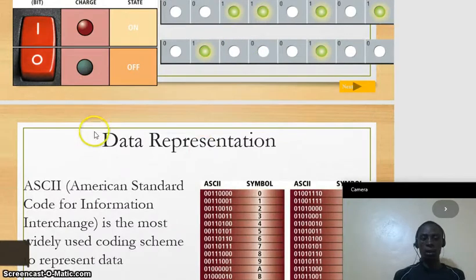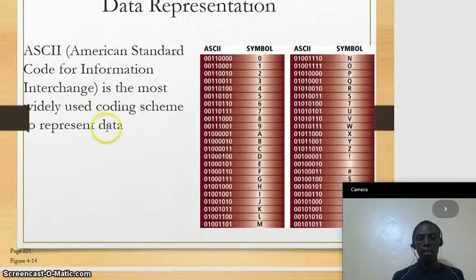For example, here we are talking about the American Standard Code for Information Interchange, ASCII. It is the most widely used coding scheme to represent data.